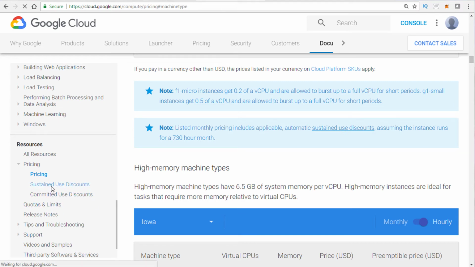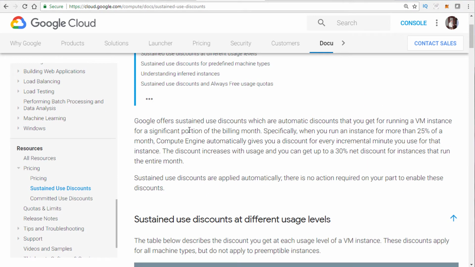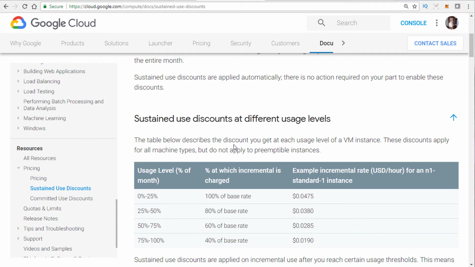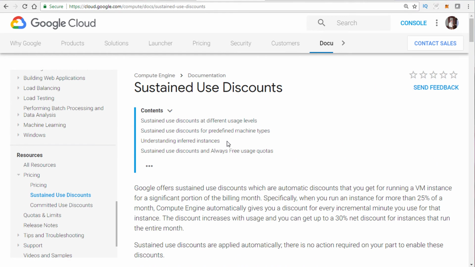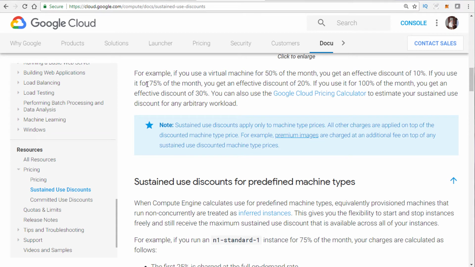If you go to sustained use, what is a sustained use? Now, this is basically a little different versus committed use. Basically, it depends on what you're using in that particular period, that 30-day period generally. I think it's 30 days, and actually, we can verify that here in a second. I should know that. Yeah, 75% of the month.